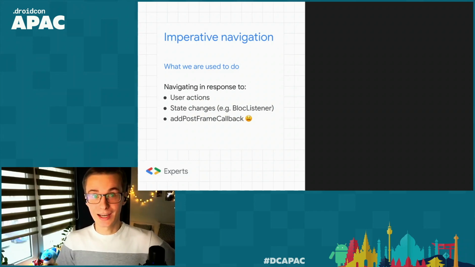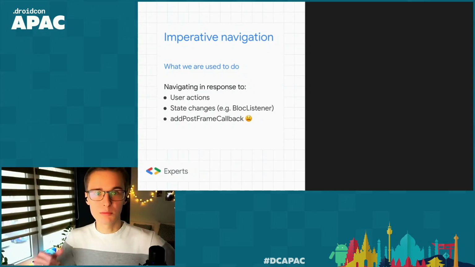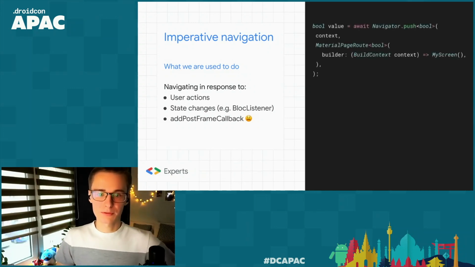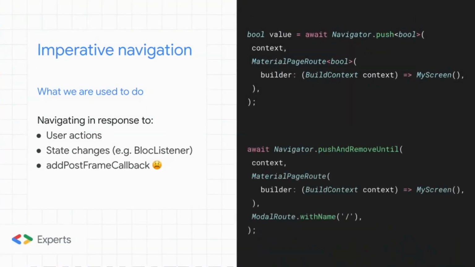Sometimes we even add post-frame callbacks in our build methods just to immediately change some navigation stack. And this is pretty common. I saw this. For instance, you could have await navigator.push and it would return you a value when you go back. Or you could have push and remove until to change the main page of your application so that you cannot go back any further. And this is all we know, and this is in all the codelabs and tutorials and so on.